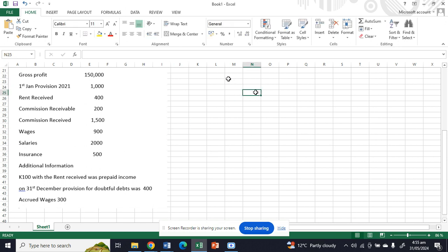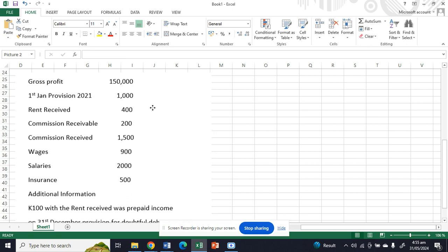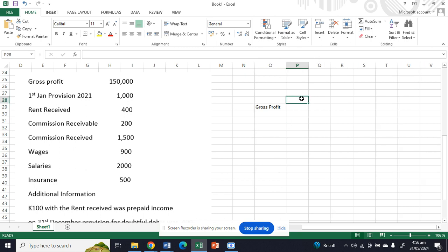So the first thing we need to do when we make our statement of profit or loss, let's first include our gross profit there. $150,000 kwacha.